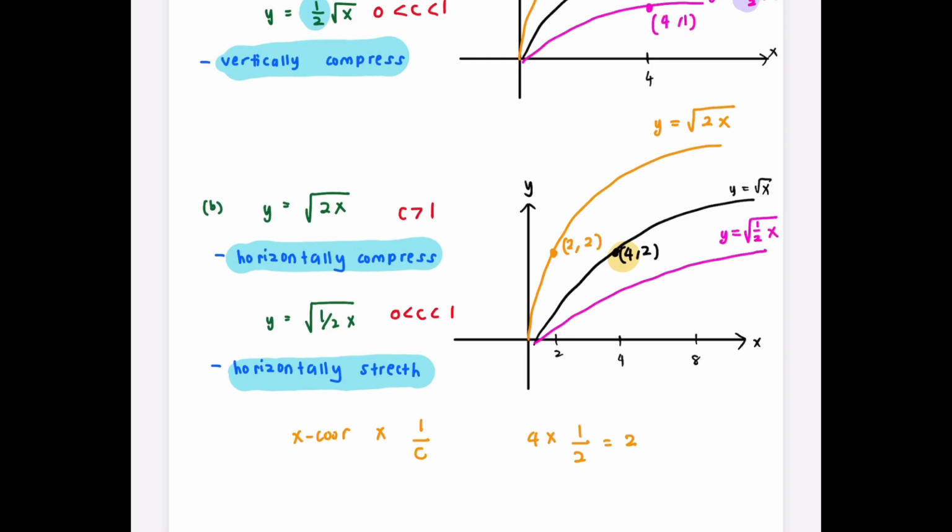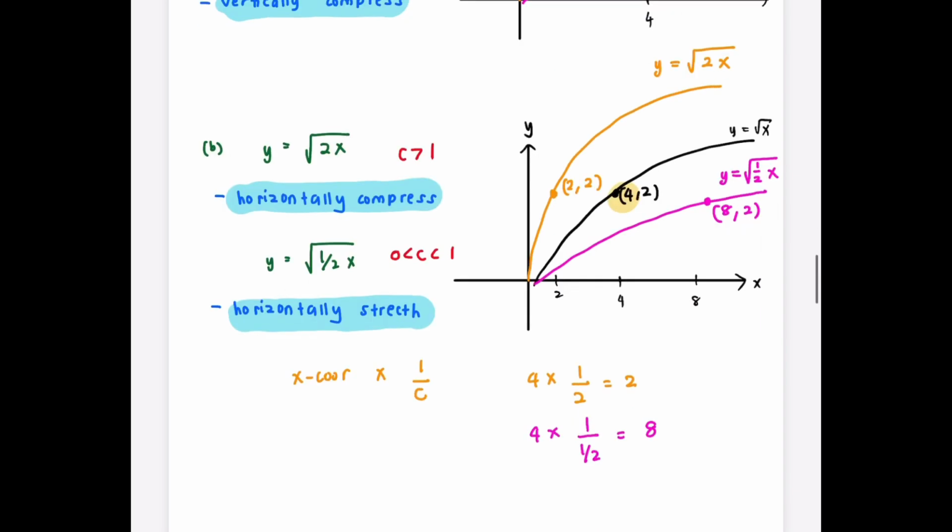Your original x is 4. So 4 times 1 over your C, which right now is half. So 1 over half is 2. 2 times 4 is 8. So your new point here will be 8, 2. Okay. So you change only your x coordinate if you are involving the horizontal stretch or compress.